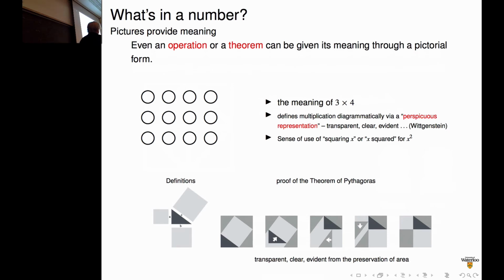All we have to do is slide things around, and we see that the square on the hypotenuse is the sum of the squares on the 2 sides. Simply, you could convince anybody in grade school that that would be the case from that sort of picture. So pictures are very, very powerful, used a lot in sort of demonstrating logic and definitions.